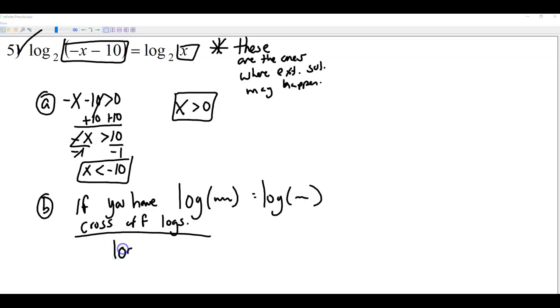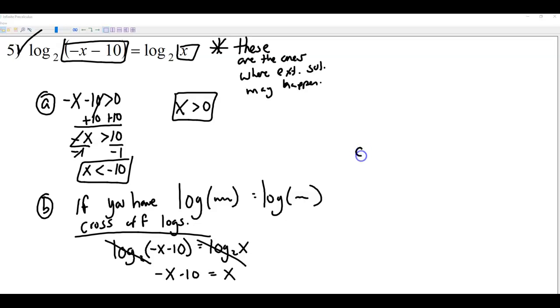So for instance, if I have log base 2 of negative x minus 10 is equal to log base 2 of x, well, since they both are a log base 2 on the left and the right, we can just get rid of that. Okay? And then from there, you would just solve what's left.